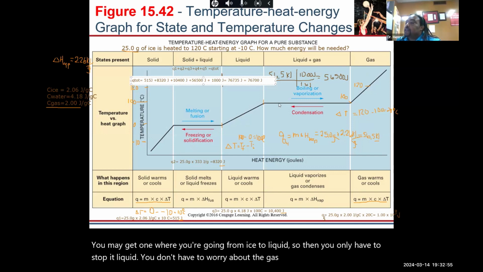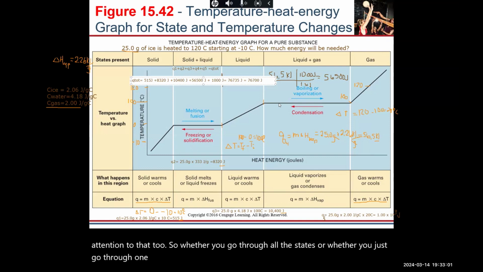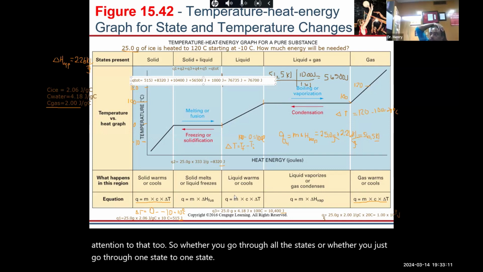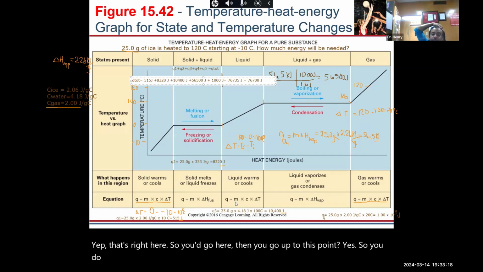So you want to pay attention to that too, whether you go through all the states or just from one state to one state. If you go from ice to liquid, would you just go up to the Q equals MCΔT the second time? Yep, that's right here. So you'd go here. Then you go up to this point, yes. So you do this one and that one. That's right.